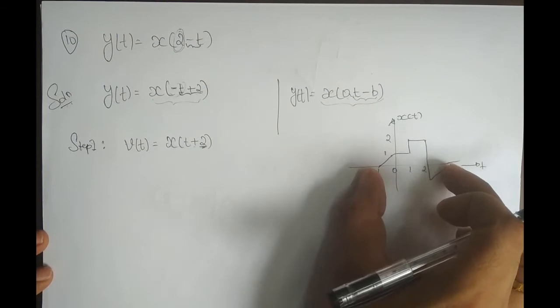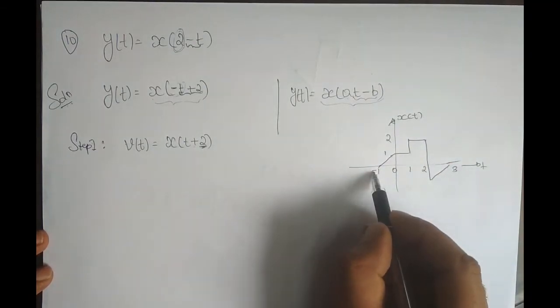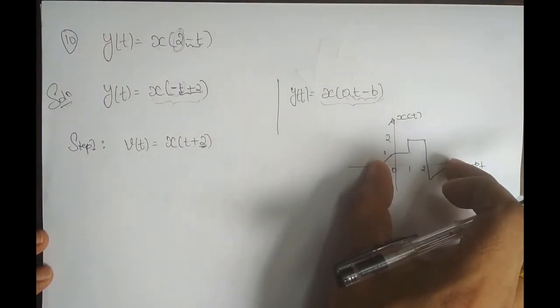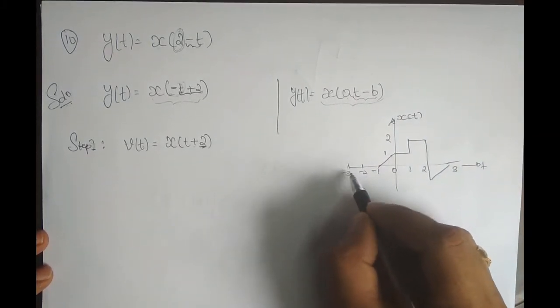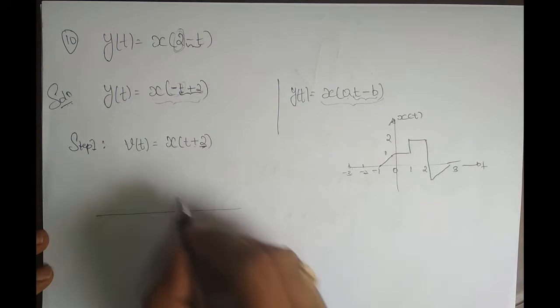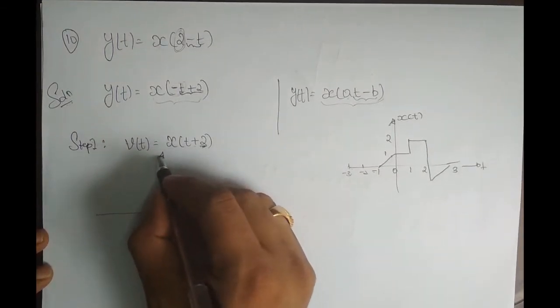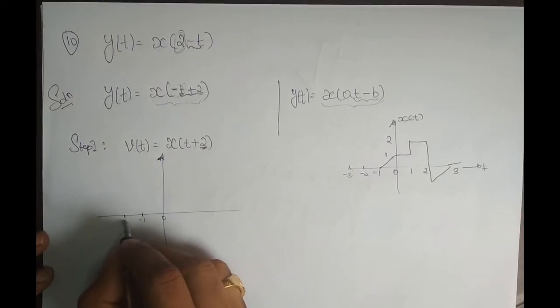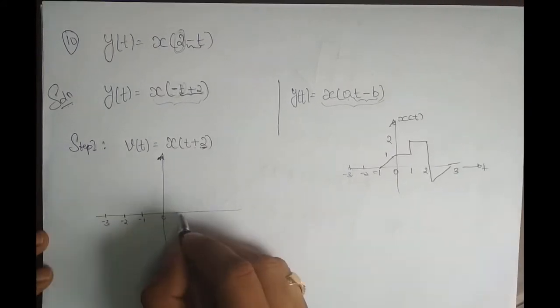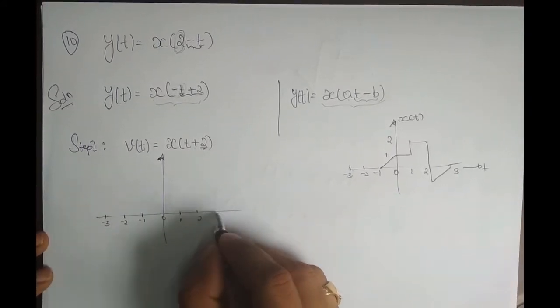Here the signal started from minus 1. If I shift it left by 2 units, 1, 2, it starts from minus 3, right? So let me sketch that signal. This is my x of t plus 2. So 0, minus 1, minus 2, minus 3, and 1, 2, 3.